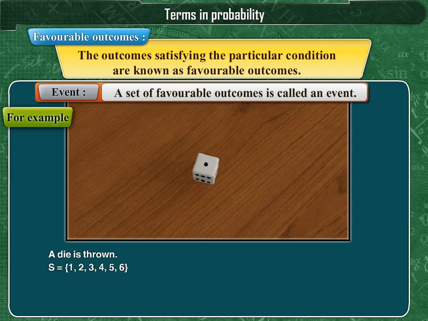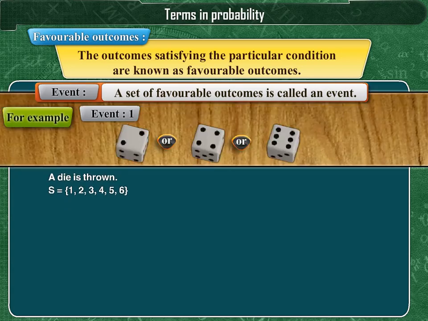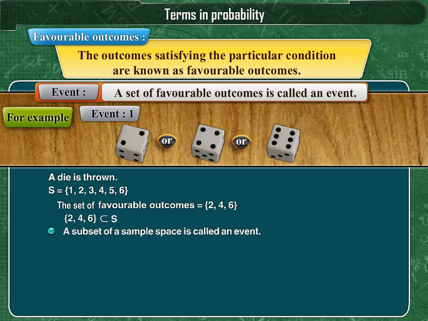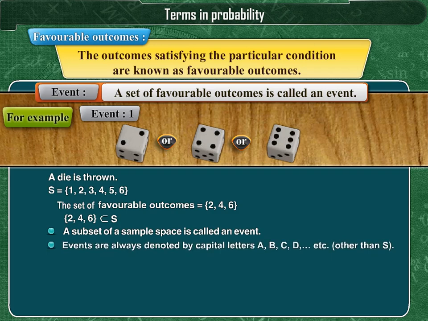Out of these sample points, if we wish the favorable outcomes as even numbers, then the set of favorable outcomes is the set of sample points 2, 4 and 6. This set of favorable outcomes containing elements 2, 4 and 6 is known as an event. An event is always a subset of sample space. Events are always denoted by capital letters A, B, C, D, etc. other than S.